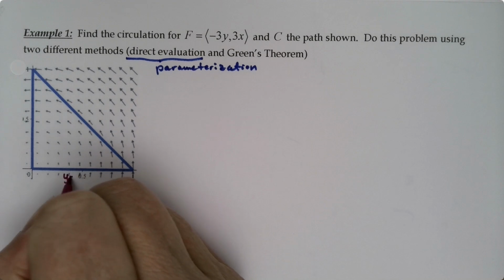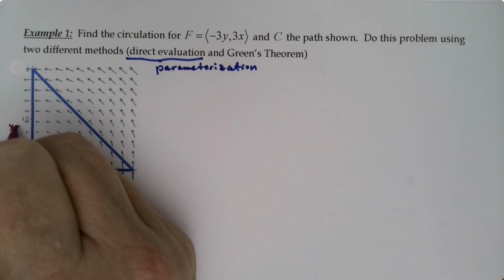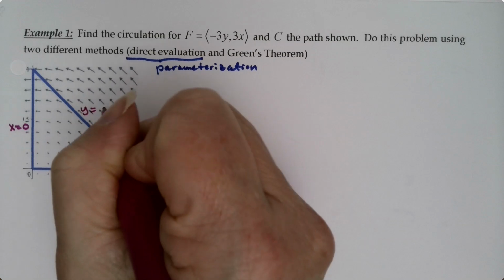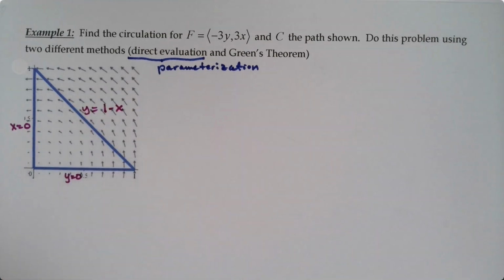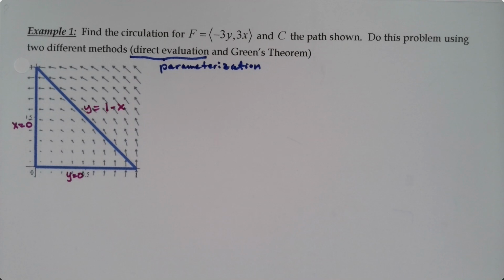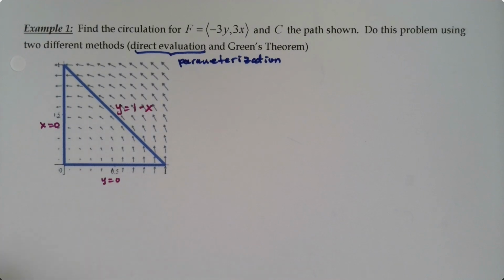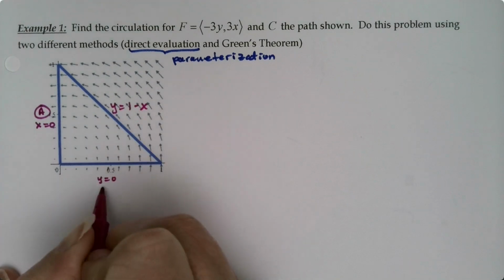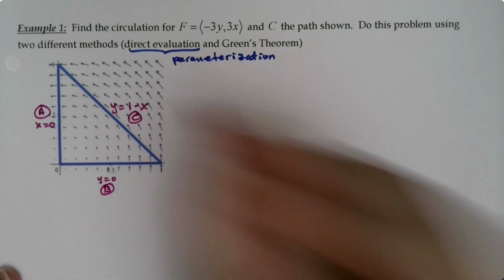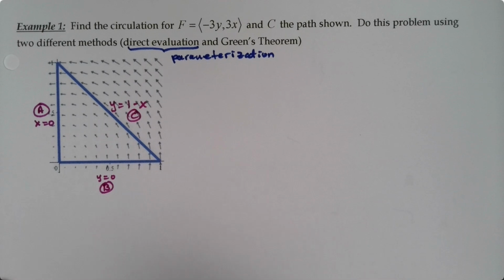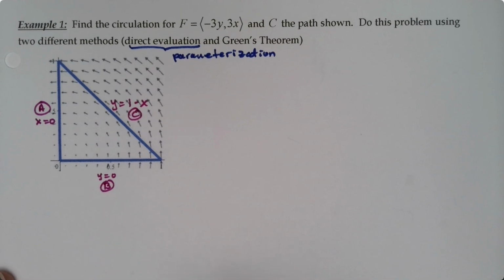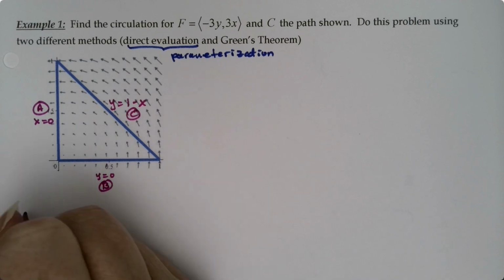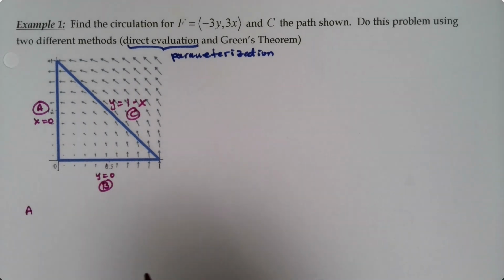So we have y equals 0 down here, we have x equals 0 over here, and we have y equals 1 minus x over here on the diagonal line. All right, we're going to call this side A, this side B, and this side C. And we're going to have to find parameterizations for all three parts. Oh my goodness. Okay, so let's do A right here.